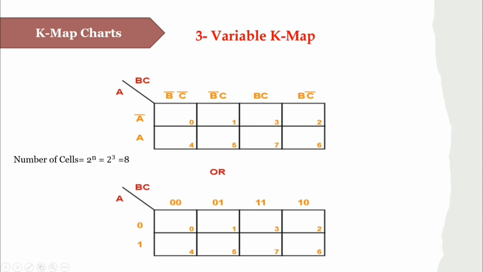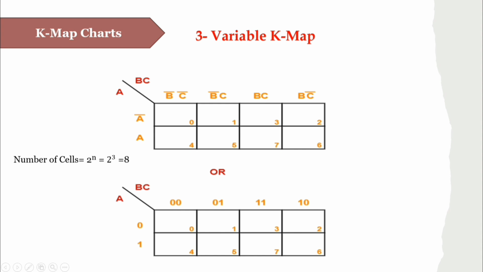The columns correspond to the pair BC in gray code order, which should be arranged as 0 0, 0 1, 1 1 and 1 0. This order should be kept in the same manner, where 0 0 represents B bar C bar, 0 1 represents B bar C, 1 1 represents BC and 1 0 represents B C bar.